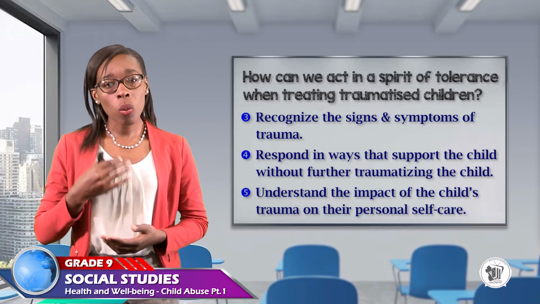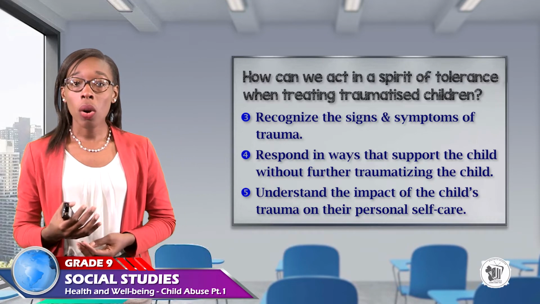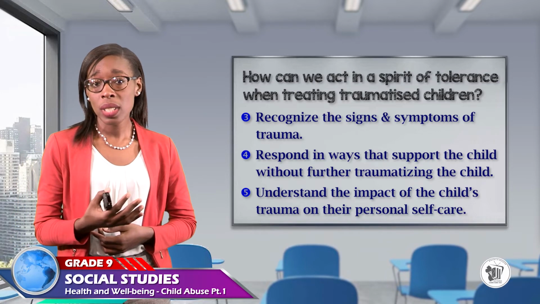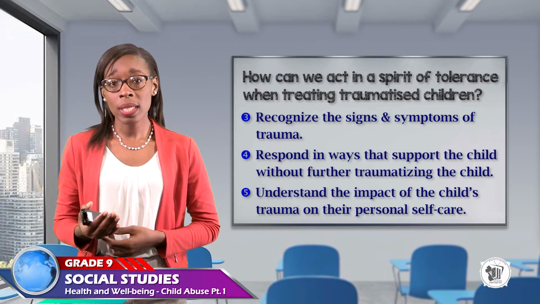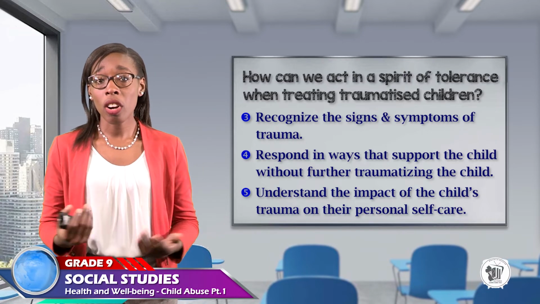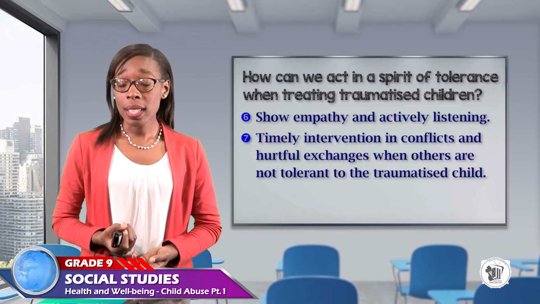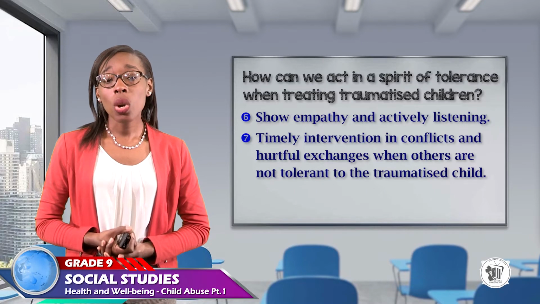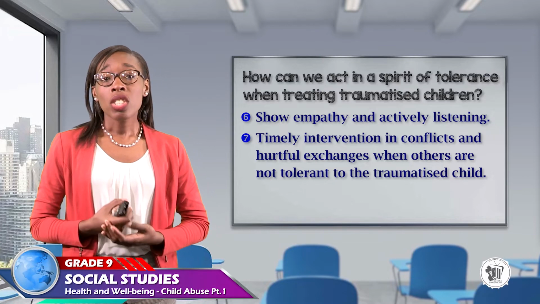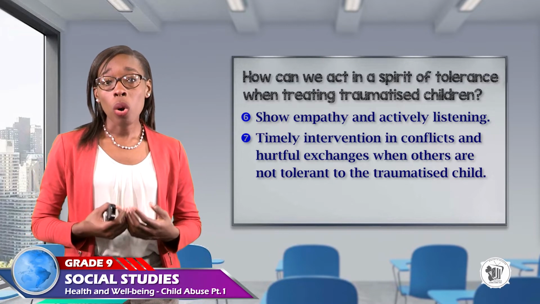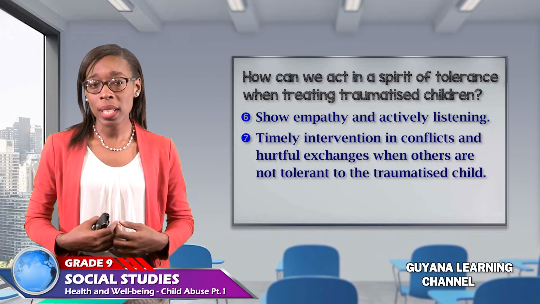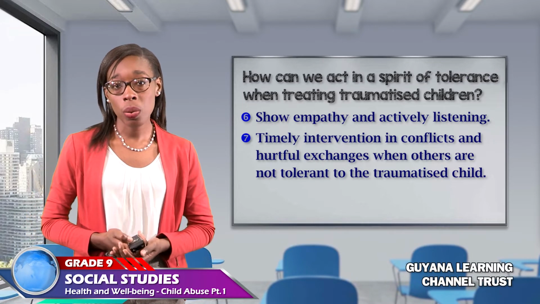And so one must understand how trauma influences or impacts a child's self-esteem, resulting in how they represent themselves or how they take care of themselves. A sixth tip is showing empathy and actively listening. Children are more open to persons who pay attention, who empathize, and who listen to them.